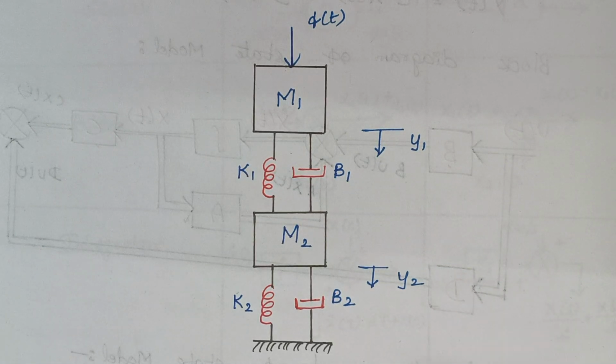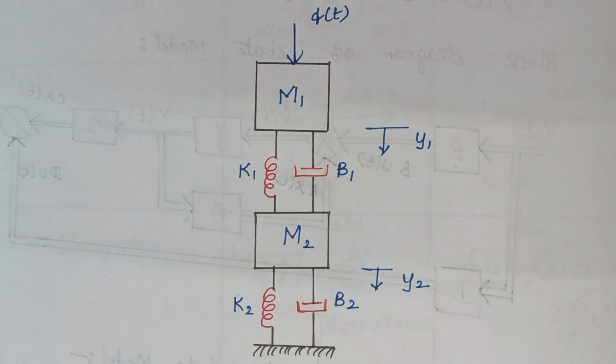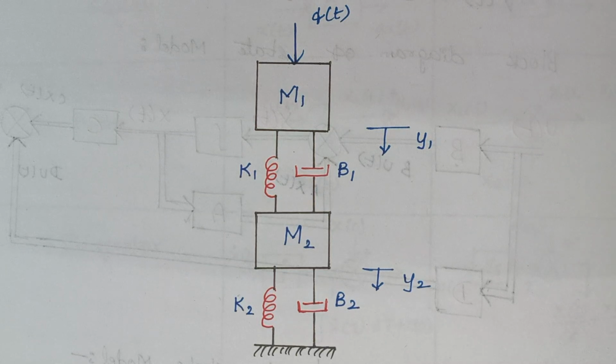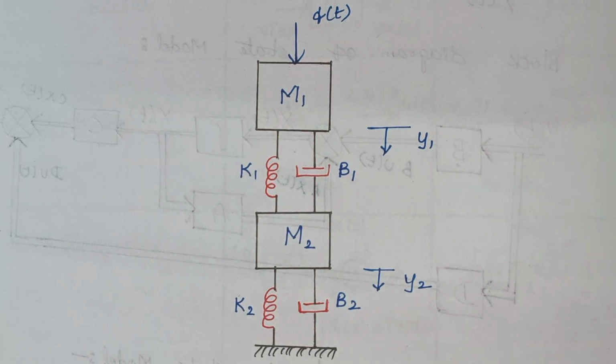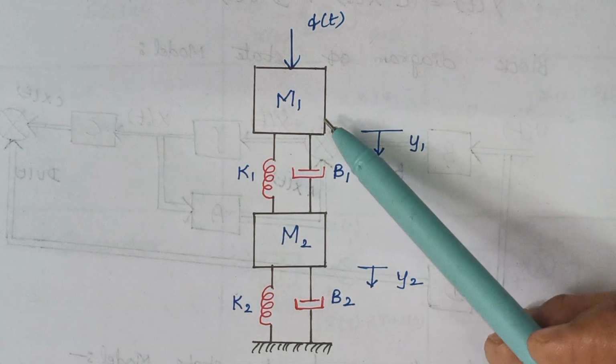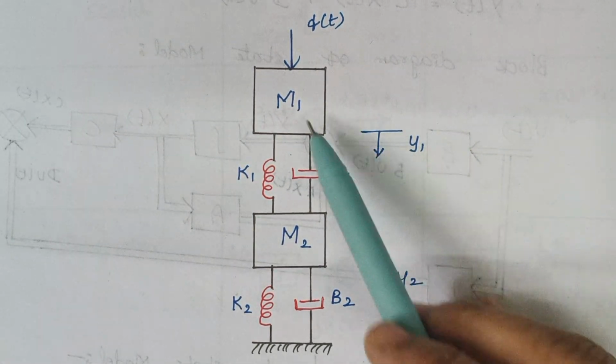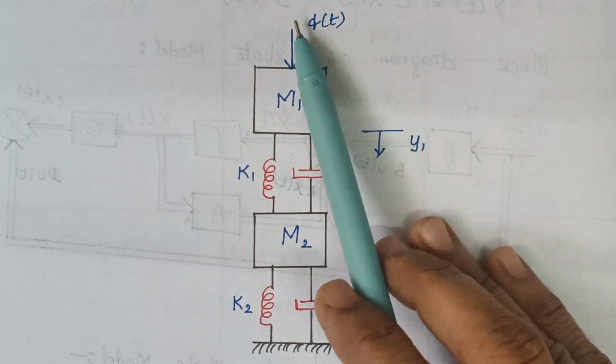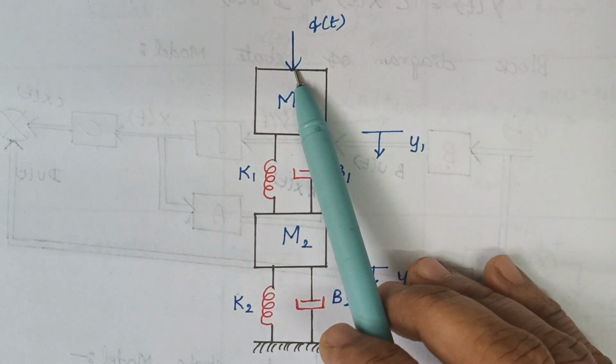As usual, we have to refresh our chapter number 1 and go back to our previous chapters. That is, we have to draw the free body diagram, which is followed by force balance equations. So first let me start with mass m1. To this mass m1, f of t is a direct applied force.